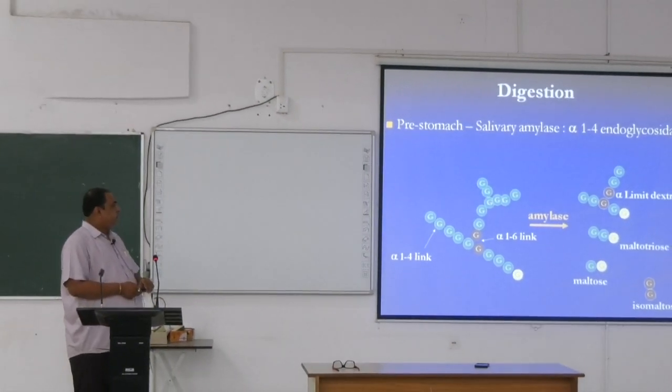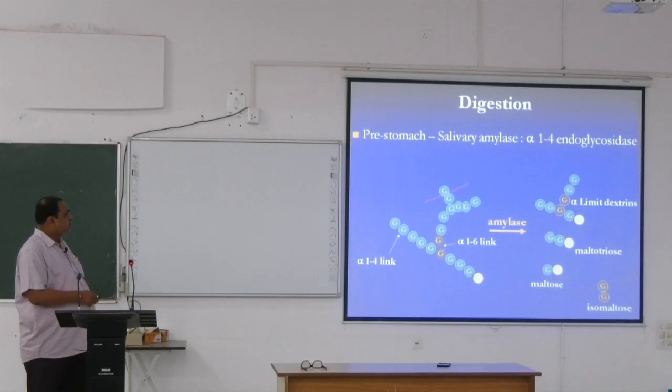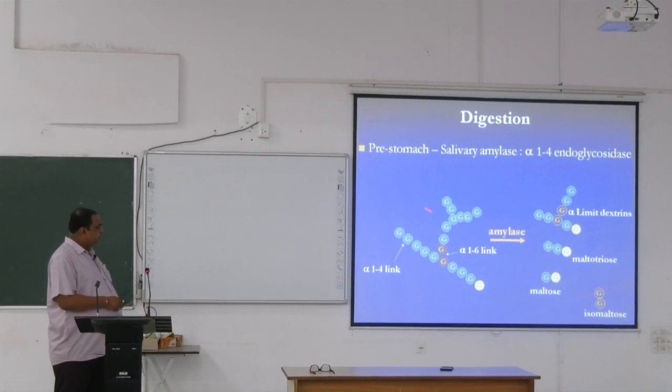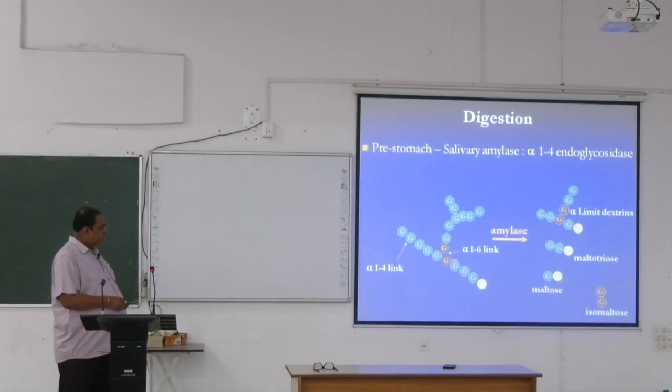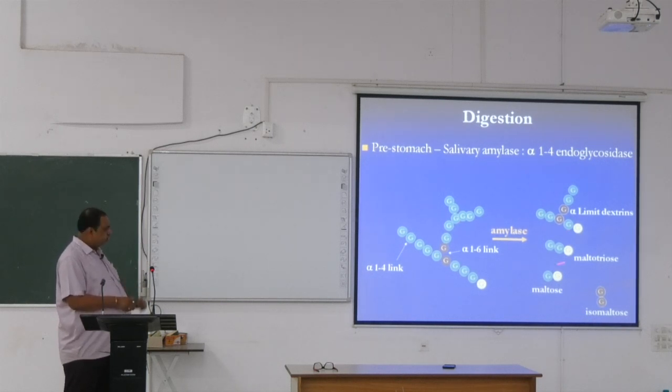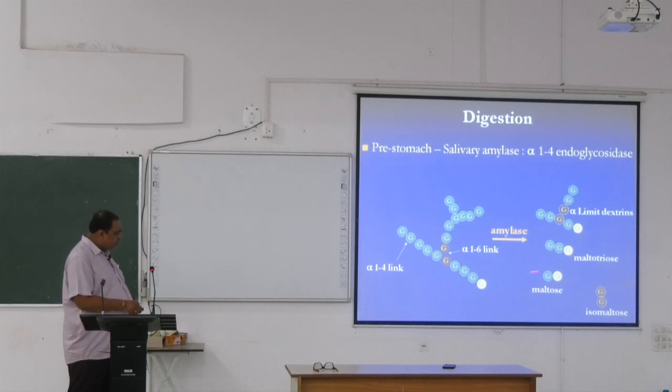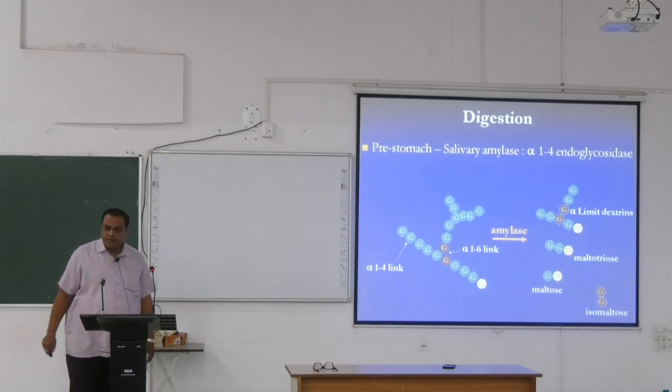Now see, the branch points. The amylase breaks down the starch molecule here, as shown on the sides. Immediately, shorter structures, maltose and maltotriose and isomaltose.